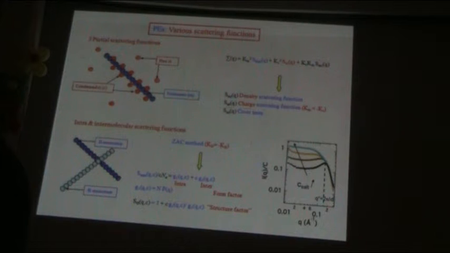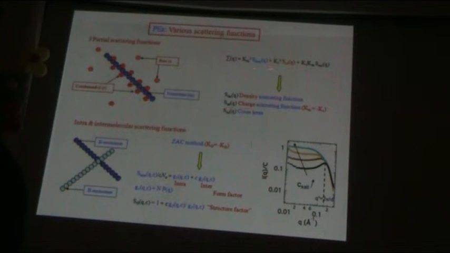You use labeling by replacing hydrogen atoms by deuterium to change the contrast length of the macroion with respect to the solvent, or the contrast length of the counterions with respect to the solvent. Of course, if you use the deuterated macroion in D2O, and also hydrogenated counterions, you have a chance to observe only the counterions.